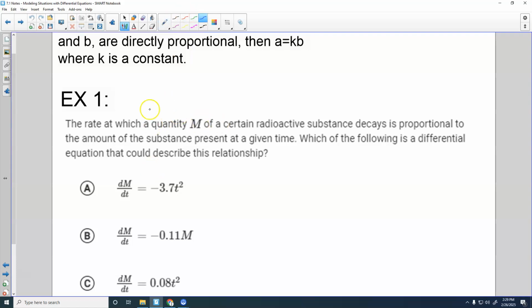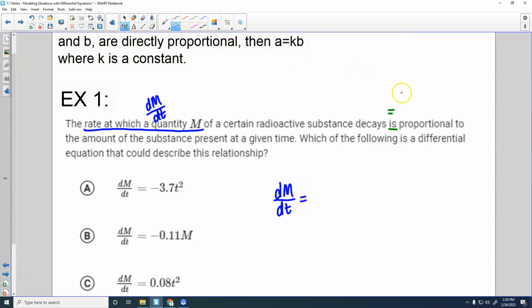So in this case, when we see the rate at which quantity M decays, the rate that something is changing, we've already talked about this a lot when we did related rates, right? That's going to be dM dt. So we have dM dt. And this rate at which the quantity M of a certain radioactive substance decays is proportional to. When you see is, you're going to write an equal sign.